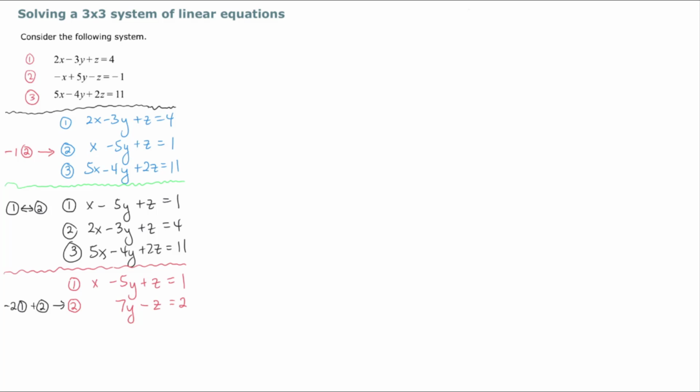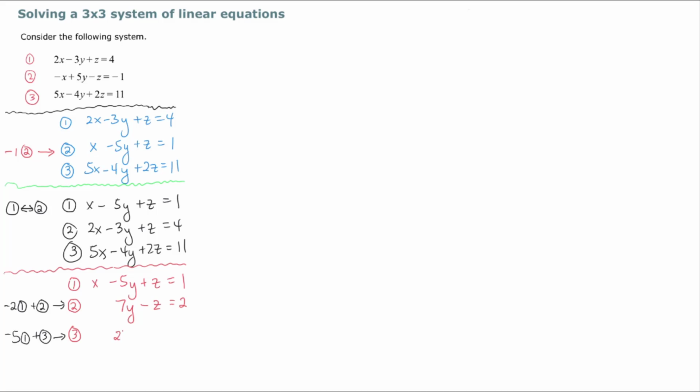In a similar fashion, we're going to perform the addition method for equations 1 and 3. So we're going to do negative 5 times equation 1, add it to equation 3, and store it in the new equation 3. If we do this, we get 0 times x, and now we get 25y minus 4y.